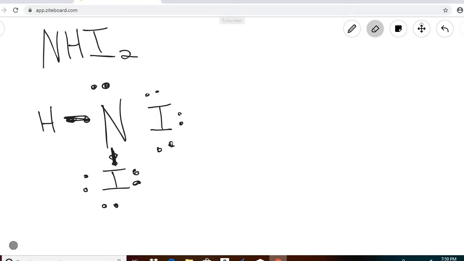Okay, so that is what that molecule would look like. Let's clean it up here a little bit. And so if we look at this, we can see that hydrogen has its 2 valence electrons. Nitrogen has 2, 4, 6, 8. Each of the iodines also has 8 valence electrons.